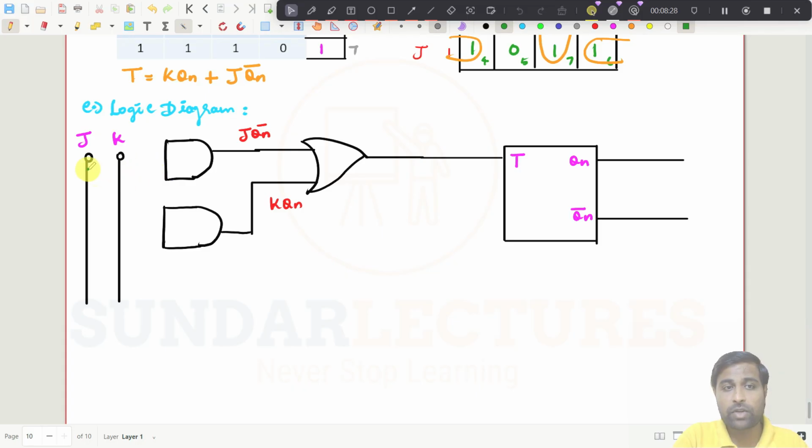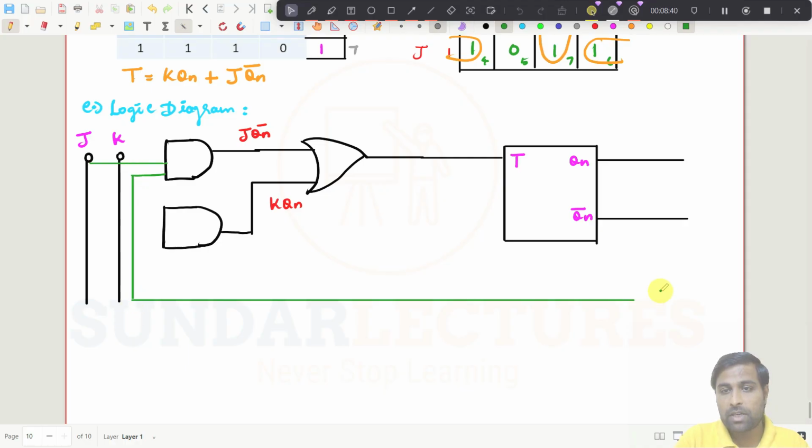From J you need to take one input, so I will just take from here, and from Qn bar you have to connect one, so it should come here. And what is the next one? This is K, so straight away you can put from K, and the next one is Qn, right?